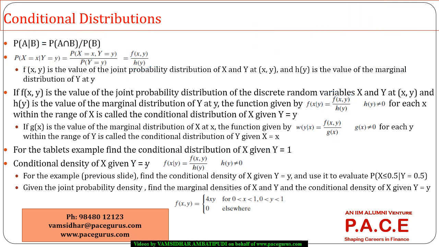The same logic I can extend to the continuous case also. The conditional density of x given y is f of x comma y divided by h of y.